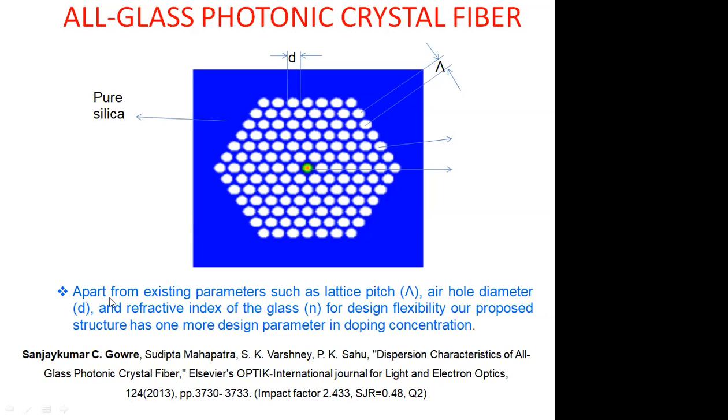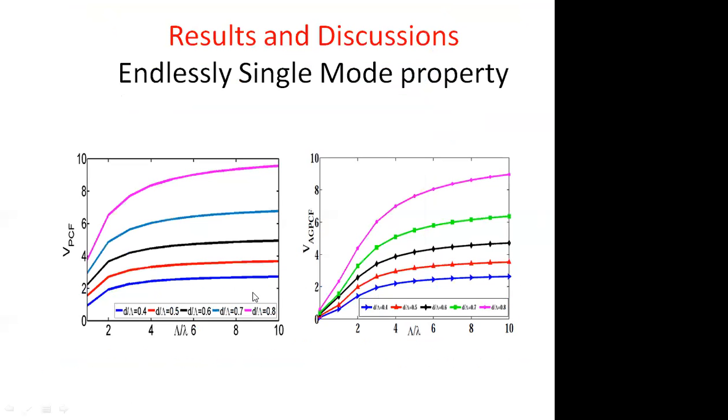Then air hole diameter. जो air hole है या जो rod है उसका diameter या ratio of d by pitch, या कोई हम वहाँ पे doping concentration डाल रहे हैं. So we have various parameters and we can play with them and we can design a fiber, right? So this we have proposed and we have published this in an Optics journal, right?